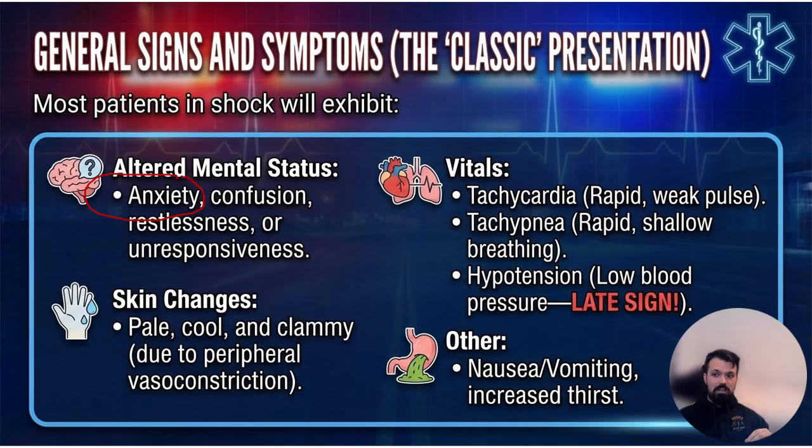That does not always mean that they're going to be unresponsive or confused. You can have a little bit of anxiety and have altered mental status. That is the first sign of shock. One of the late signs you're going to see, like it says, is hypotension right here. That's a very late sign. That's deterioration. That's the decompensated shock.